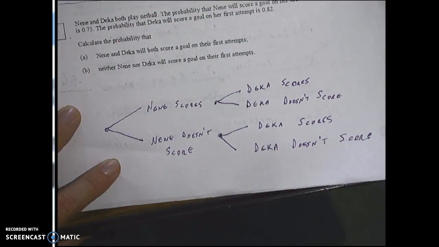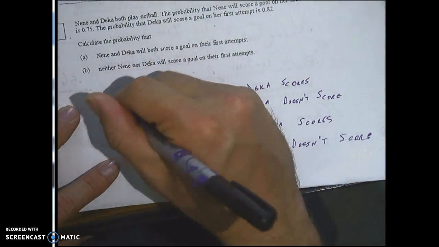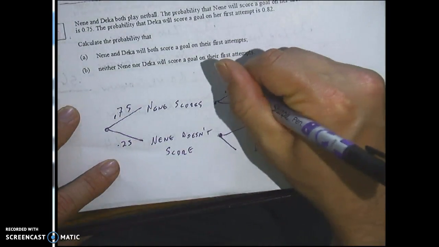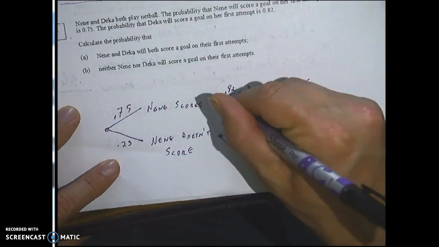And I can fill in these probabilities, so 0.75, which means this is 0.25, this is 0.82, which means this is 0.18.